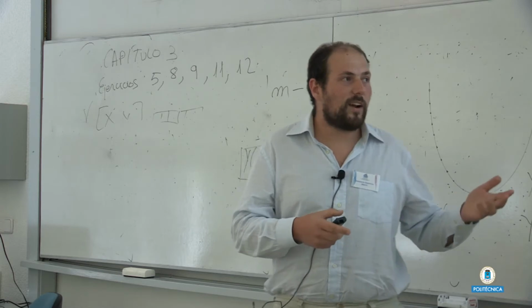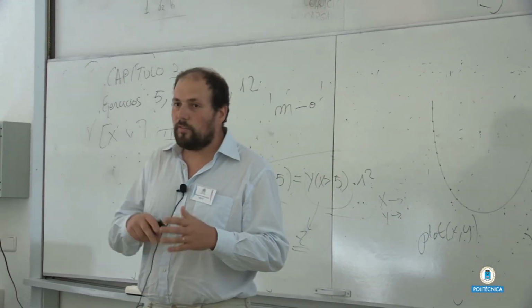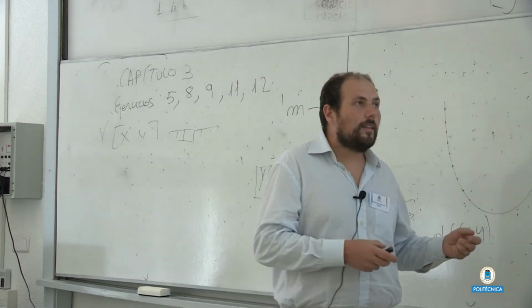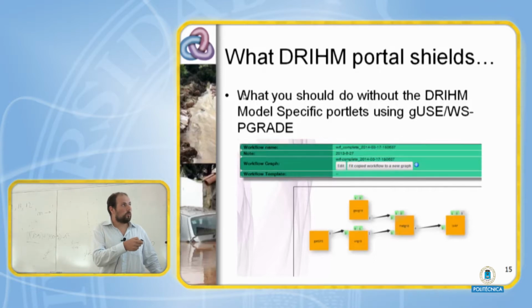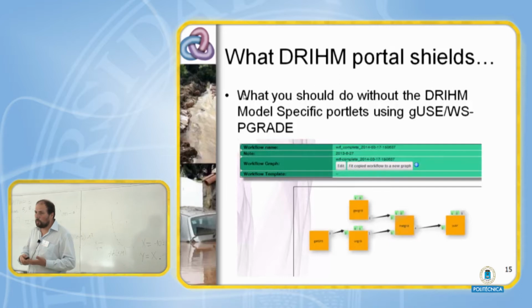For instance, for running a large meta model, we have to wrap completely WRF, for example, and associate to one of the input ports all the binaries that I'm going to execute, all the input files and so on.